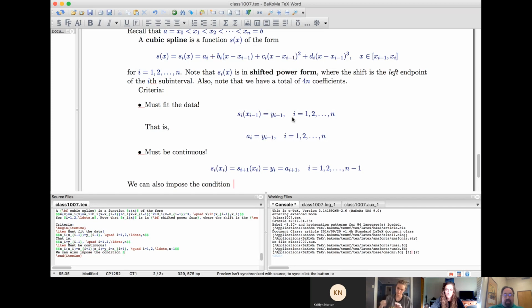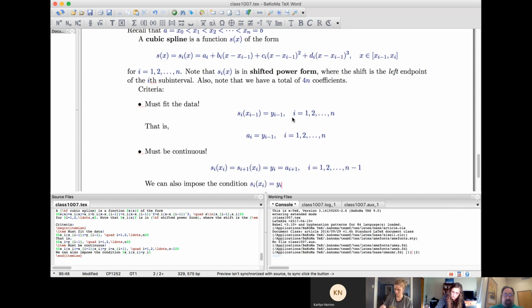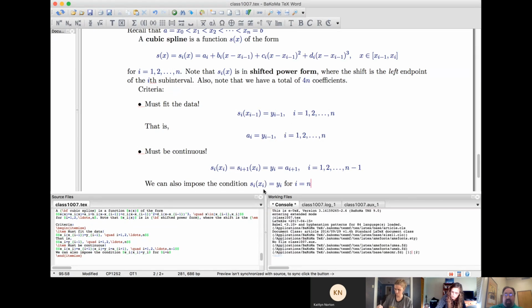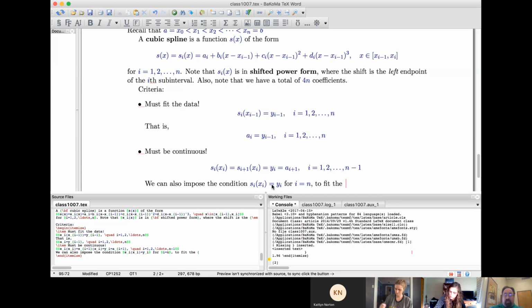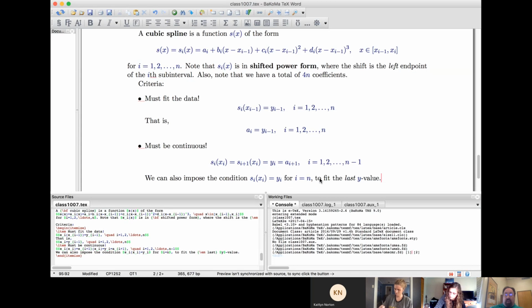So I can impose a condition S_i of x_i equal to y_i for i equal n, because everything for i equal n is defined. So we can fit the last y value. So at least that piece of the given data is accounted for.